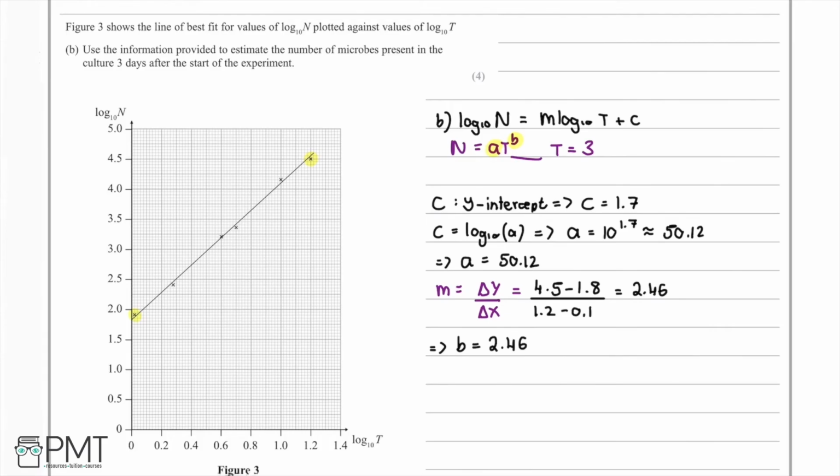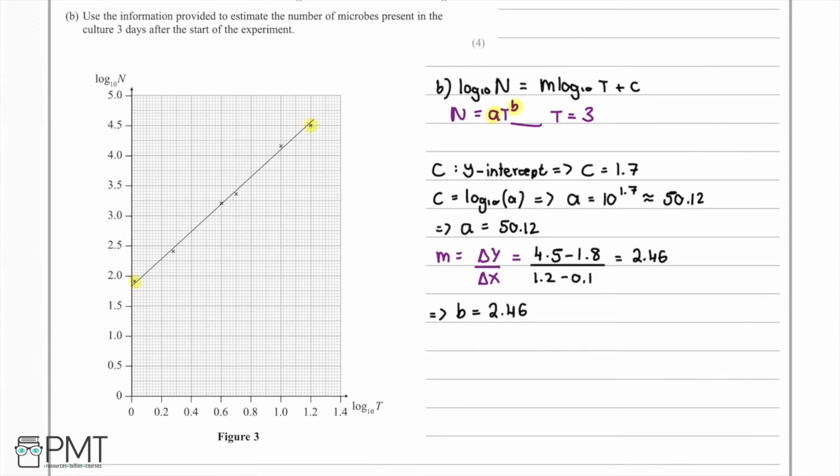So what we can do now is take our equation for N with these new values for A and B, and if we substitute in t equals 3, we should get the number of microbes present in the culture 3 days after the start of the experiment. So this means we have the following equation. N is going to be equal to 50.12 multiplied by 3 to the power of 2.46.